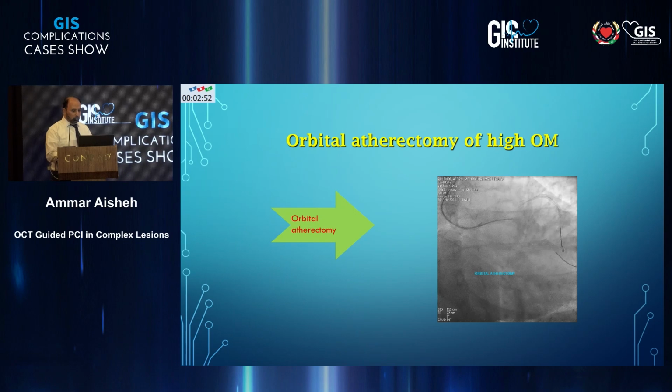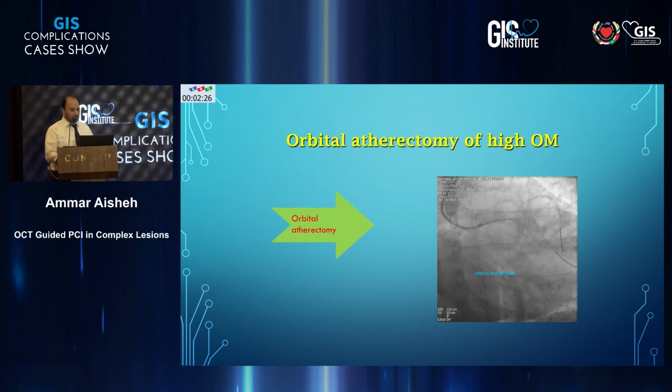Not very effective, but it gives nice results. And for calcific nodules, it has a superiority over the rota and the shock wave. Start with it in uncrossable lesions. Yes, it is the indication.